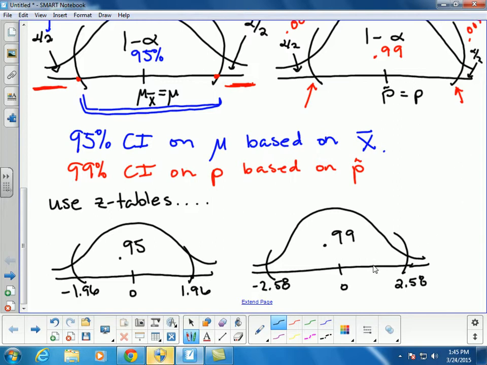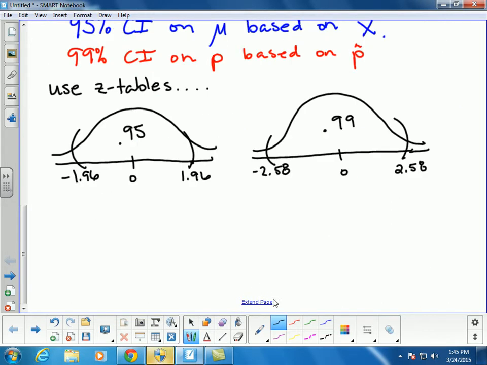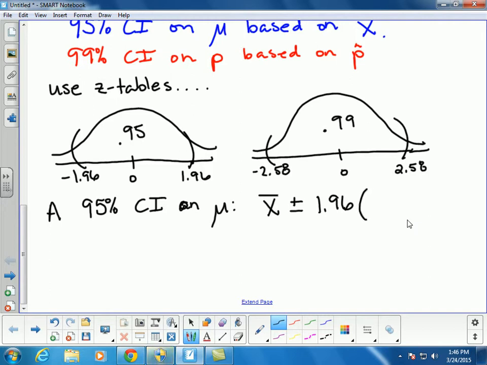And so we have some formulas. A 95% confidence interval on mu is given by x bar plus or minus 1.96 times the standard deviation, which is sigma over the square root of n.